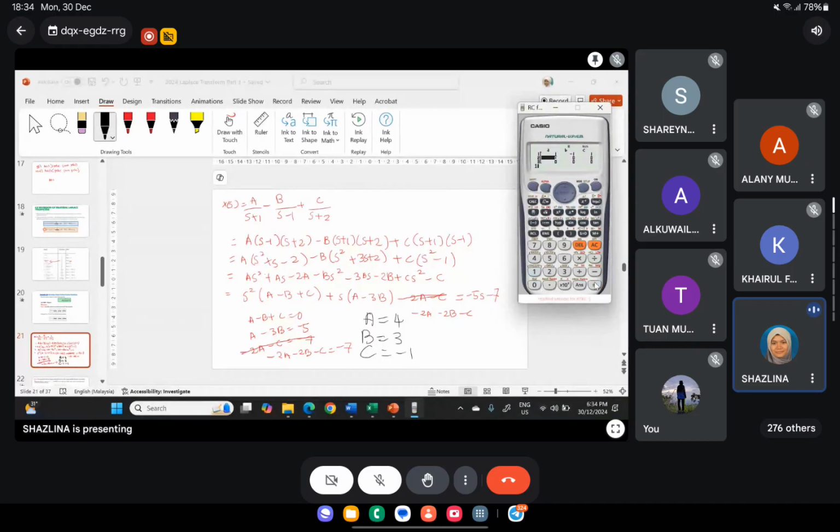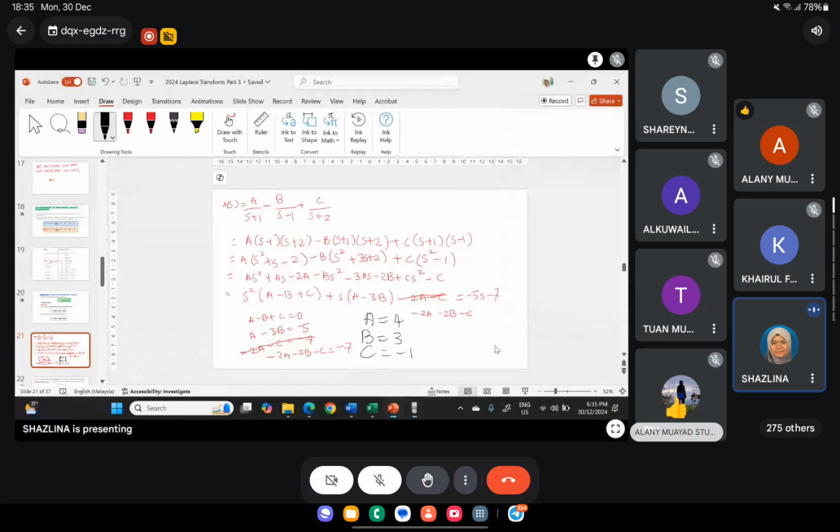Second one, A is 1, B is minus 3, C is 0, D is minus 5. So the third one, A is minus 2, B is minus 2, C is minus 1, and D is minus 7. Okay. 1, 2, 1.